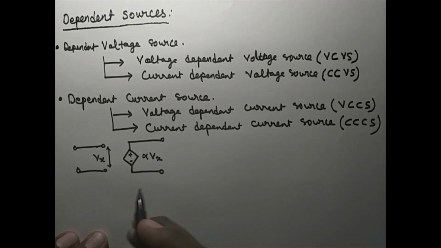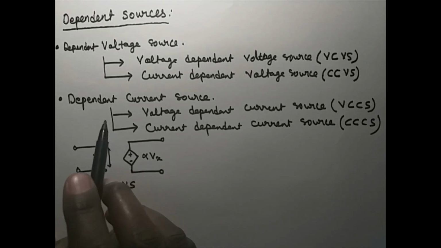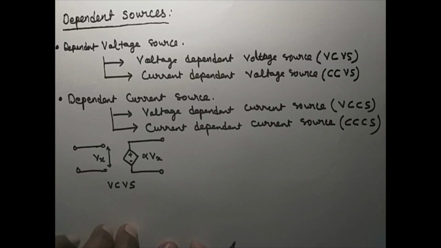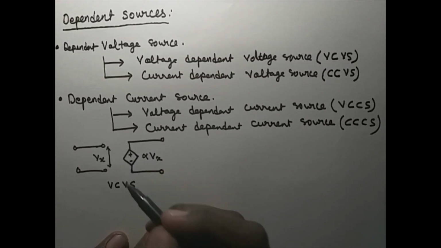So this is VCVS, means voltage controlled voltage source, and this is the symbol of a dependent voltage source to distinguish it from the independent voltage source, for which the symbol will be a circle.